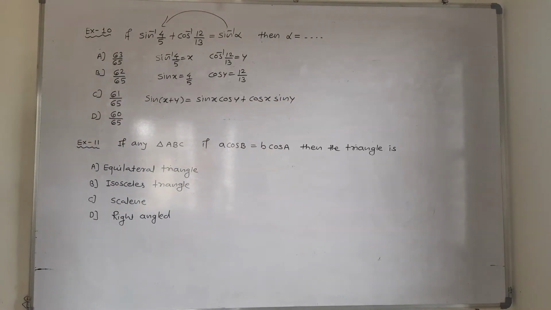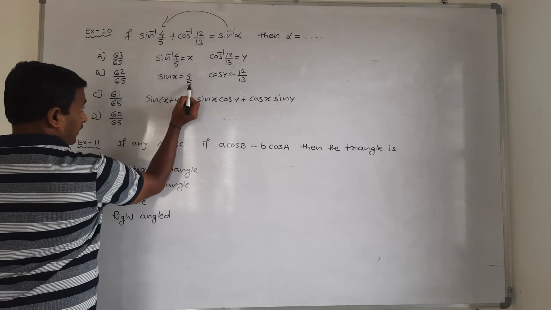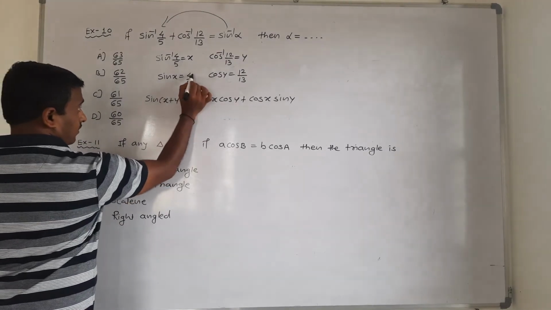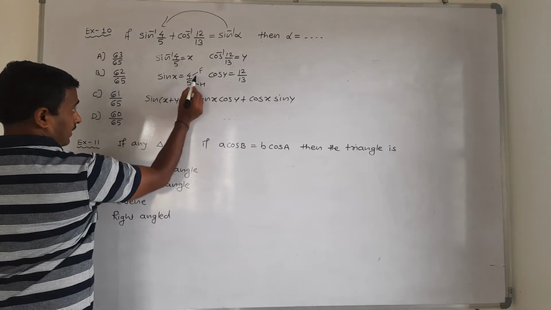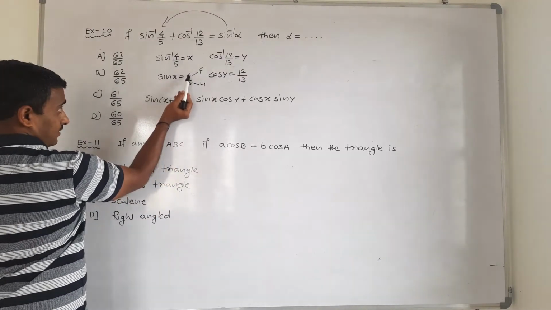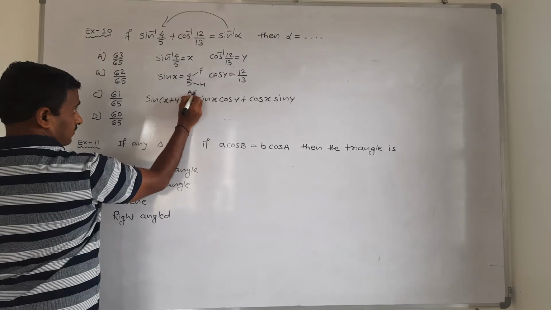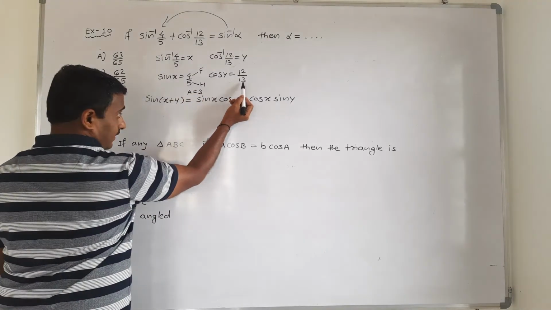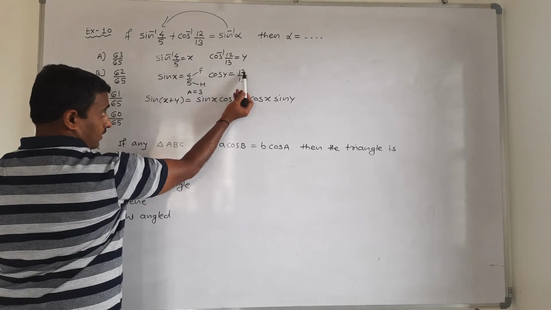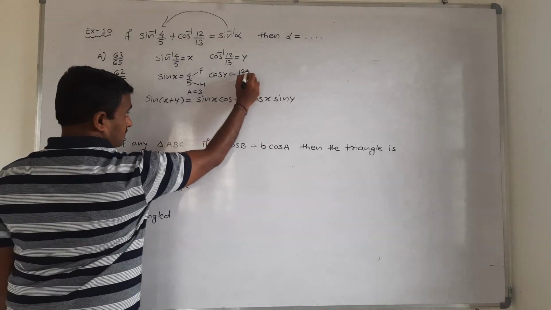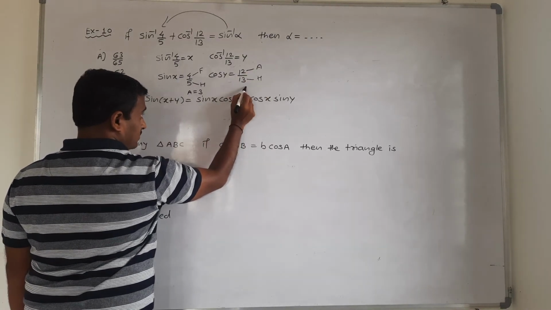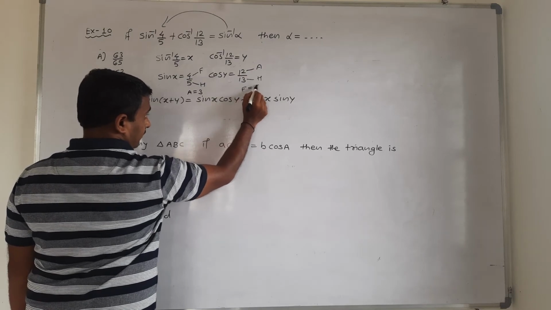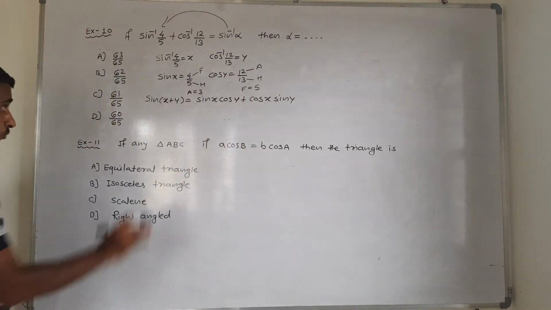Now this is 4 by 5, the front side is 4 and hypotenuse is 5, therefore adjacent side is 25 minus 16, adjacent is 3. Here 12 by 13, 13 squared is 169, 12 squared is 144, therefore this is adjacent, this is hypotenuse, therefore for this y the front side is 5. Now put the values.